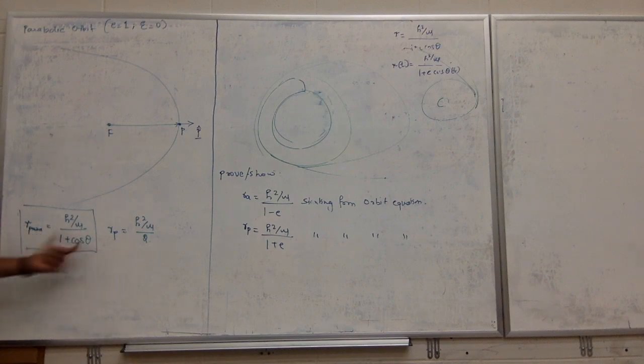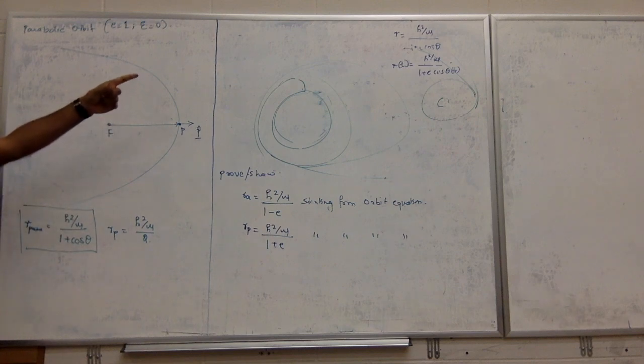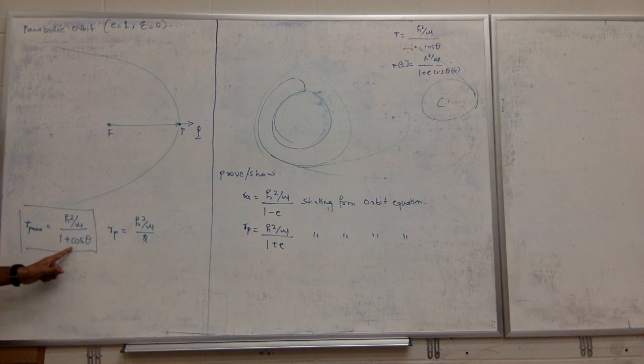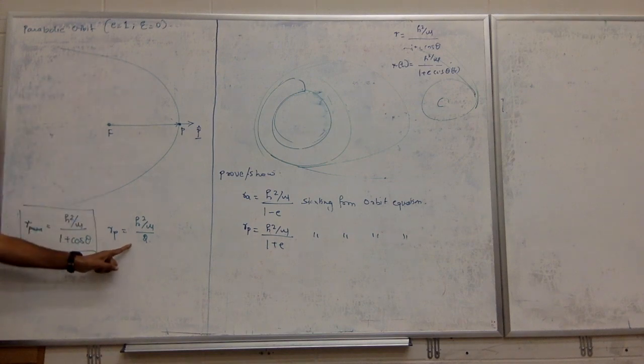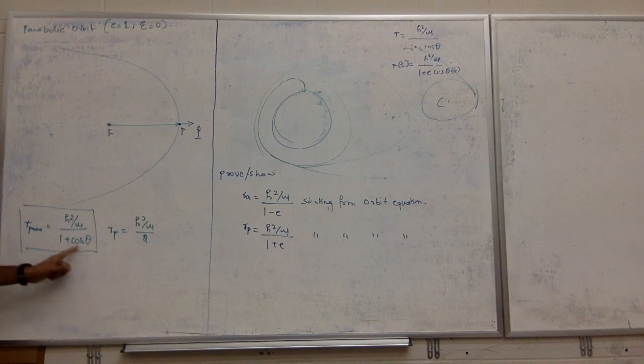Let's do this. You're okay with this? I took the orbit equation. Orbit equation is very critical. Substituted e equal to 1. Right? What I did here was, for r_p, what is this? 1 plus cosine theta, right? Because theta is 0, you get 2.